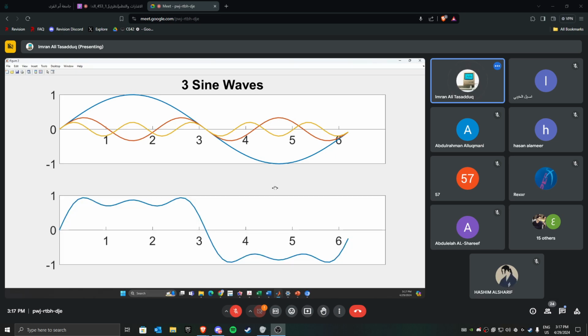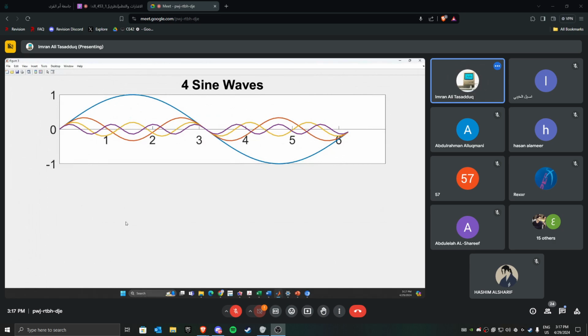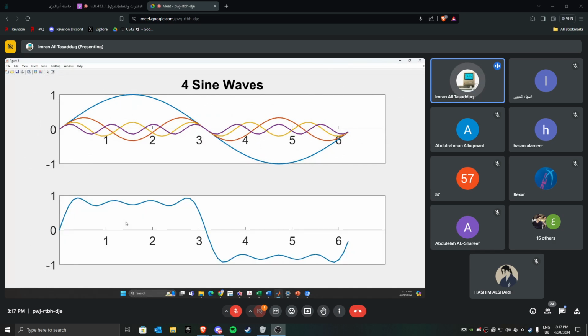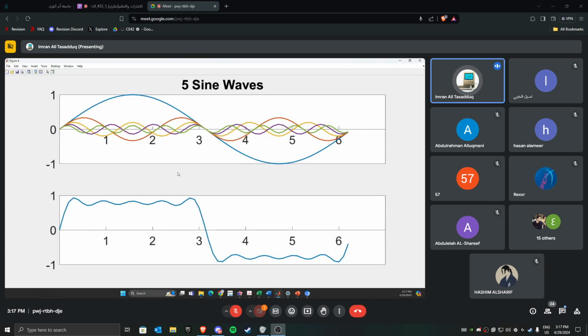Similarly, if I add one more sine wave, that is four sine waves, and I add them, this is what I get. As I keep on adding the sine waves, you can see what is happening to the signal at the bottom, right? What do you think is happening to the signal at the bottom as we keep on adding sine waves? What are we getting at the bottom?